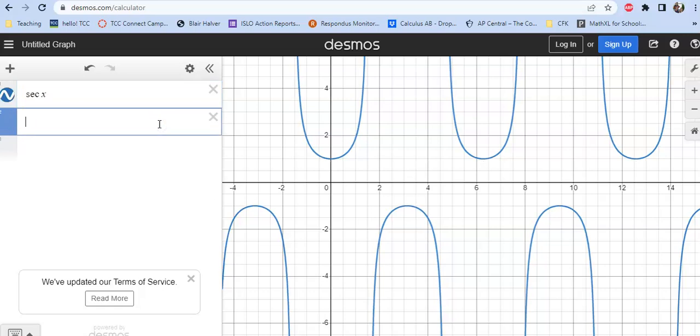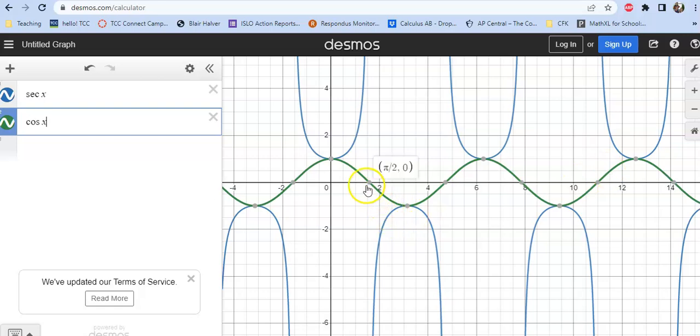It is cosine. So if I plug in cosine x, you can see it just bounces off where my peaks and valleys are of my cosine function. The green is my cosine function. These are my secant function because it's a reciprocal. Reciprocal, you can think of it as bouncing off.